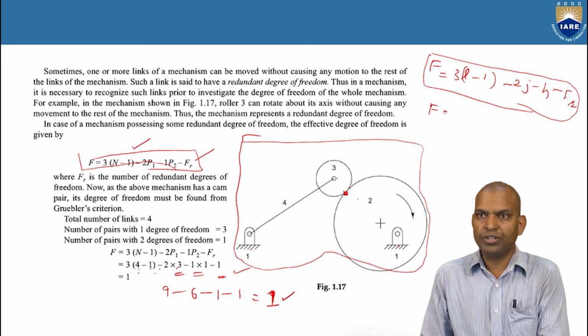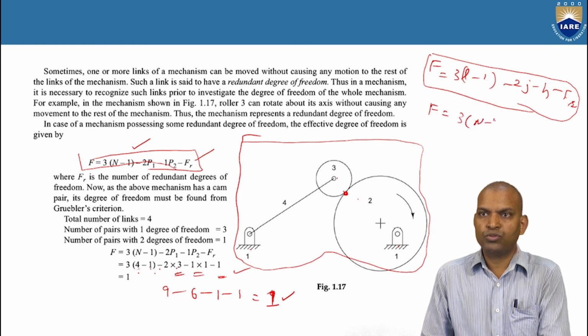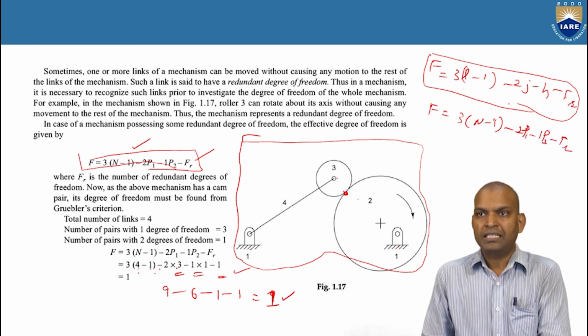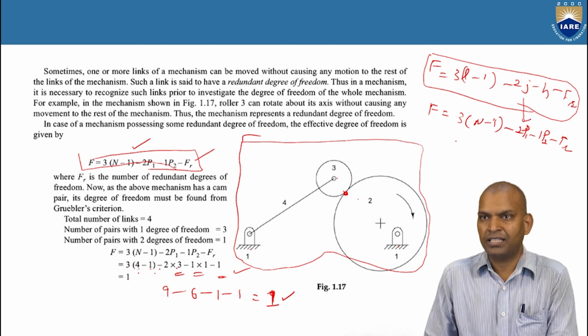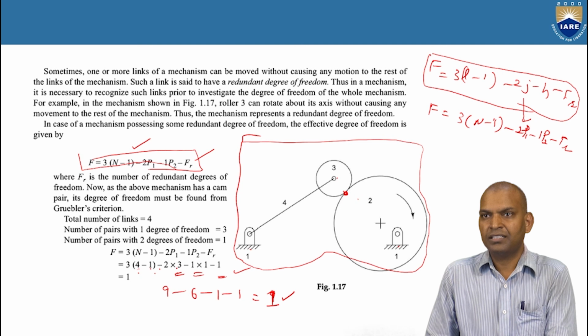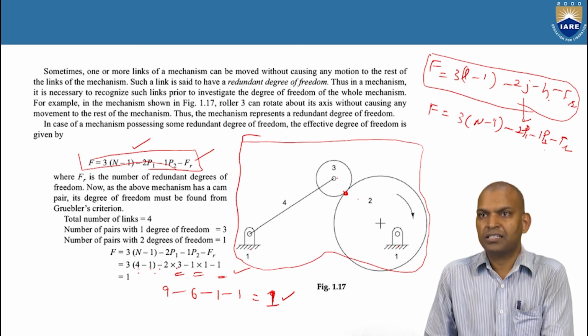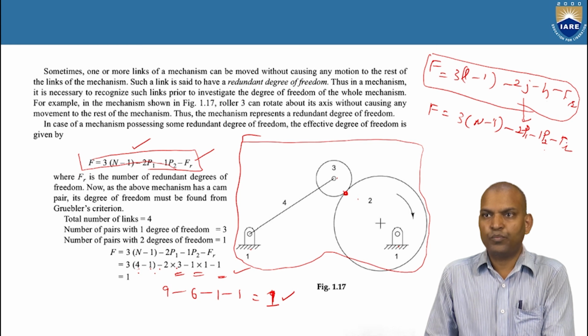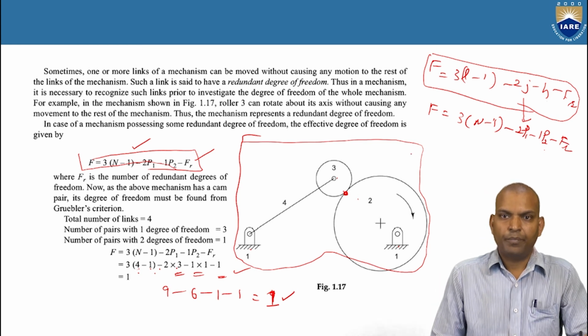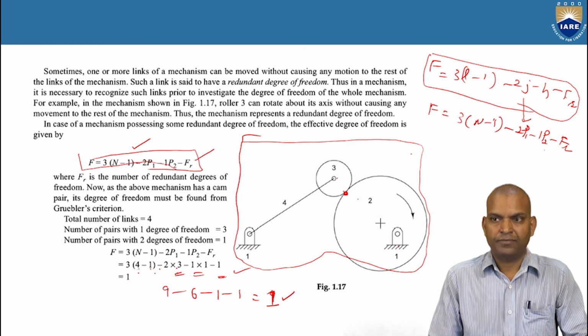I also showed here 3(n - 1) - 2p1 - 1p2 - Fr. A lower pair joint is a single constraint... this joint has a single degree of freedom. Okay, understand? How many constraints are there? There is a single constraint. This is the lower pair. P2 indicates, H indicates higher pair. Both formulas are the same, but the notations are different.